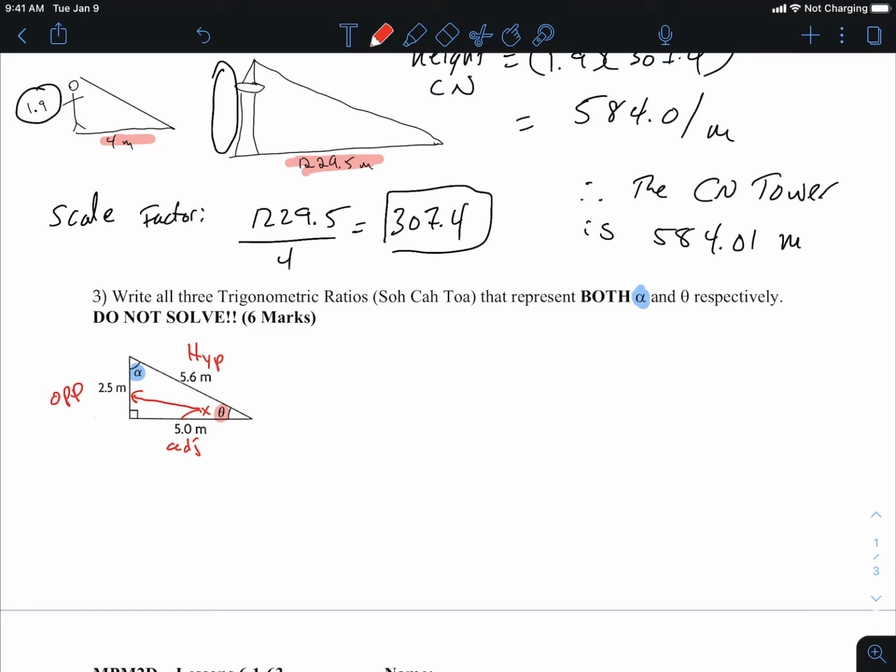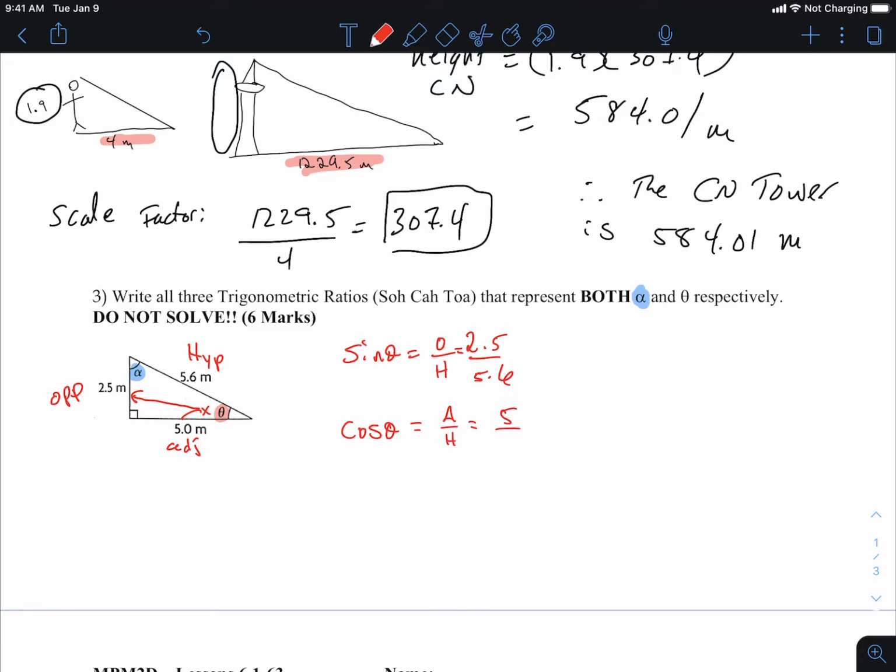For theta, sine theta is equal to, it says do not solve, so do not solve. I don't care what theta is, just write it down as the trig ratio, the fraction. Ratio, remember, for fractions. So sine theta is equal to opposite over hypotenuse. Fill in the numbers: 2.5 over 5.6. Next, cosine theta equals adjacent over hypotenuse.